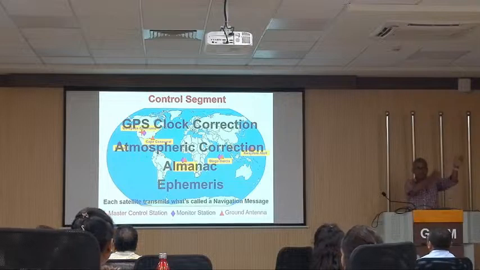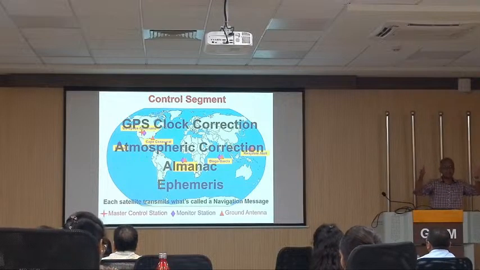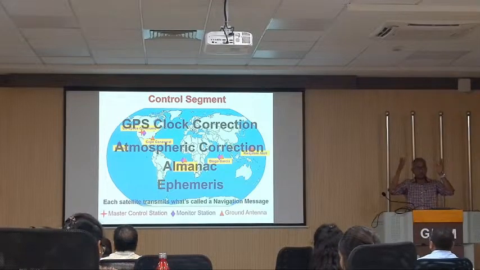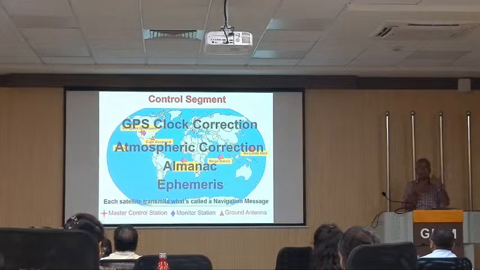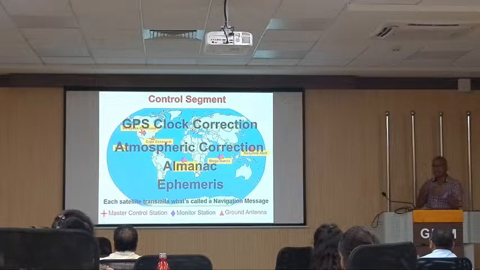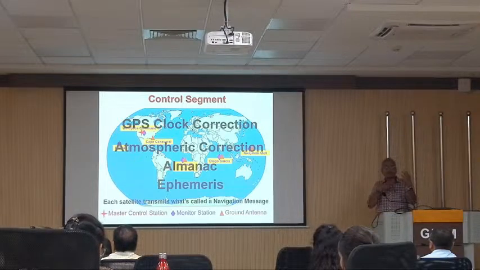It's not a perfect time, it's pseudo range, and our receivers are equipped with some coding, and it can recalculate this and find out the exact time, because every message sent from GPS also carries something called a navigation message.